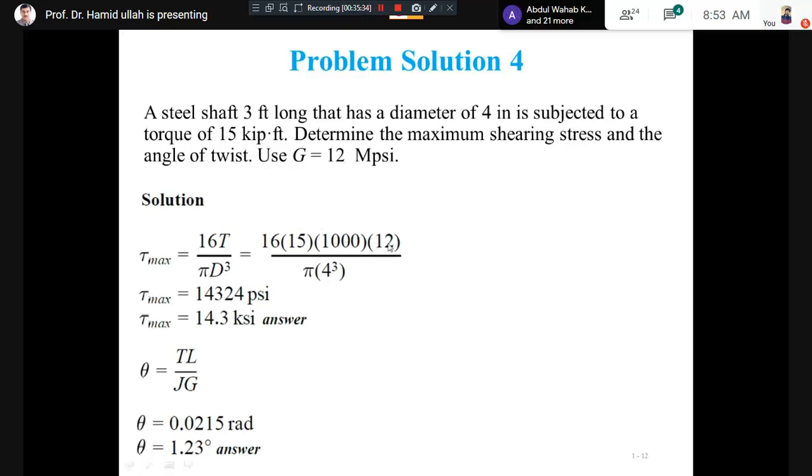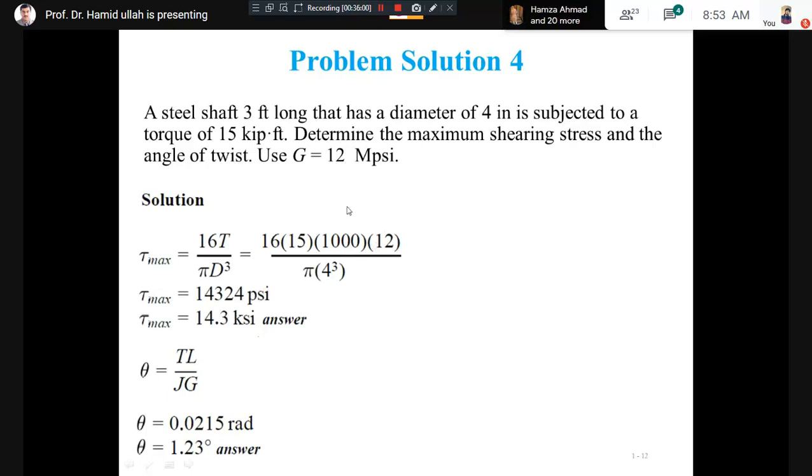Why multiply by 12? Because the torque is given in kilo pound feet, so we want to change from feet into inches. Because you can see the shear stress now appearing in the unit of PSI. What is PSI? Pounds per square inch. Since inch is appearing, that's why we have multiplied the feet by 12 to convert into inches. So this is the value of the maximum torque.